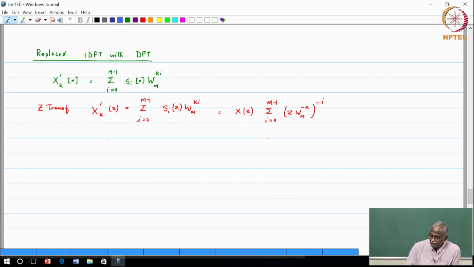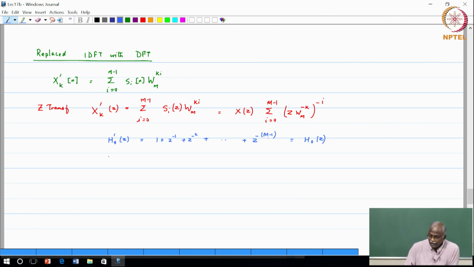H naught prime of Z, the filter transfer function between x0 prime of Z and x of Z, comes out to be 1 plus Z inverse plus Z to the minus 2 and so on, up to Z to the power minus m minus 1. This is nothing but H naught of Z. So, the basic filter did not change, which of course we knew already.